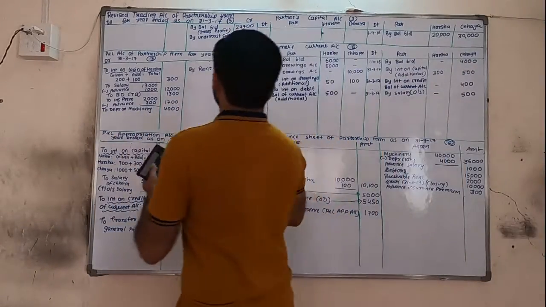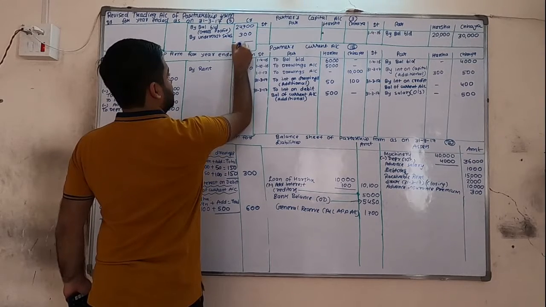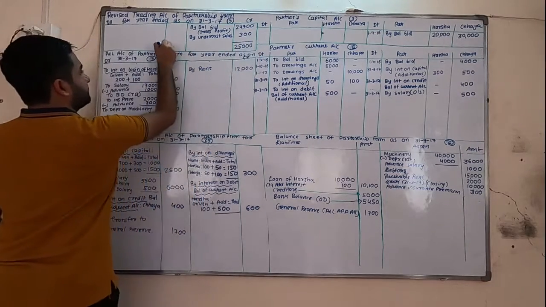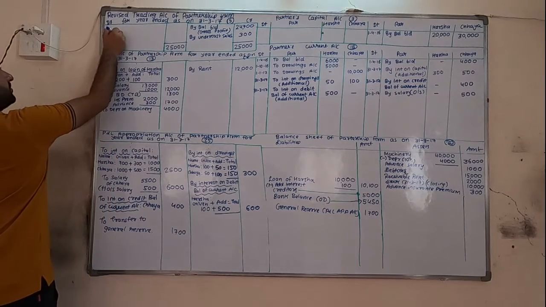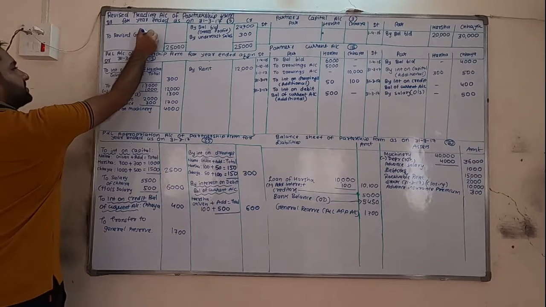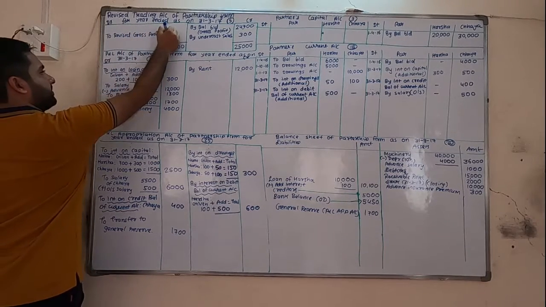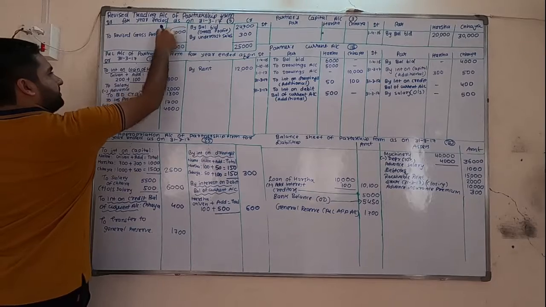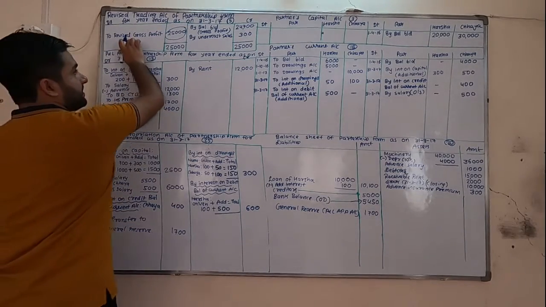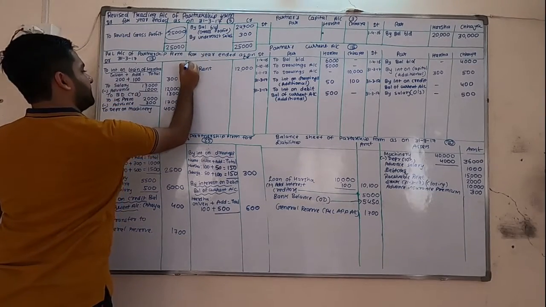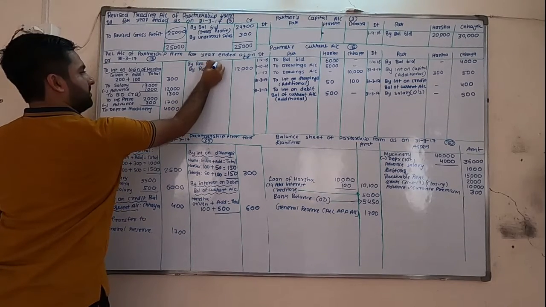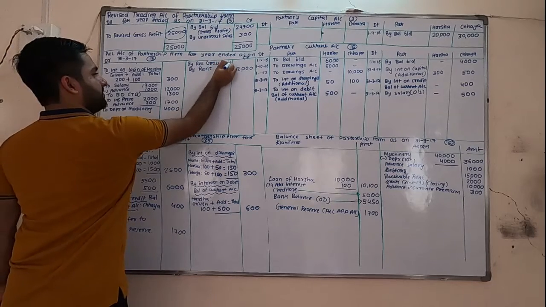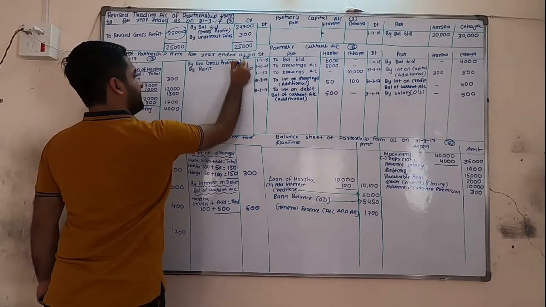So let us close this. Total is 25,000. So to revised gross profit 25,000. It is debited, so here it is credit by revised gross profit. How much? 25,000.